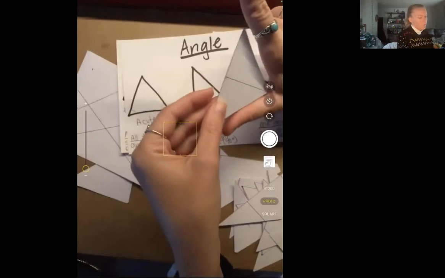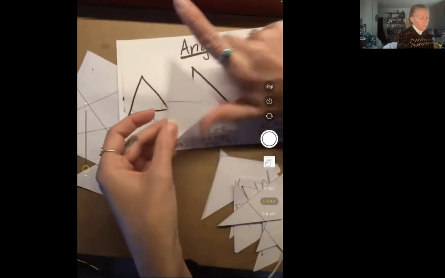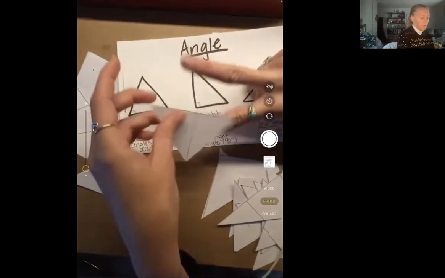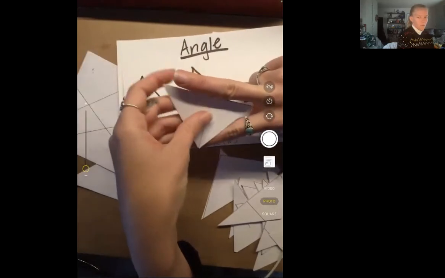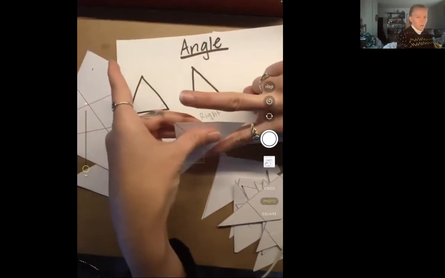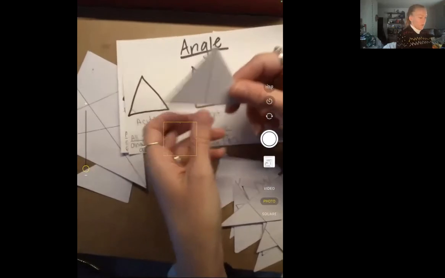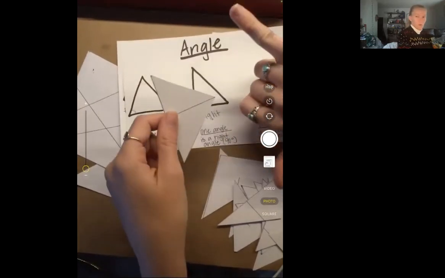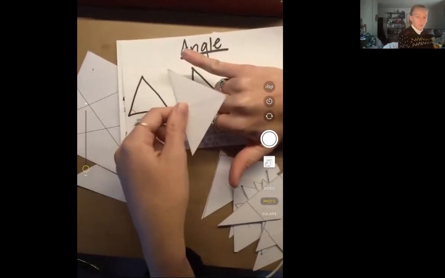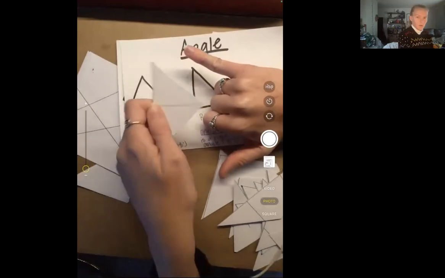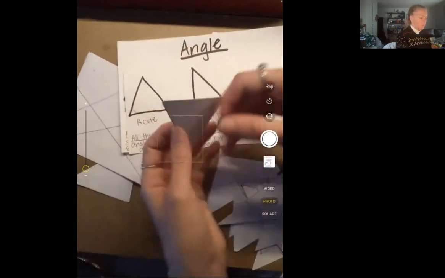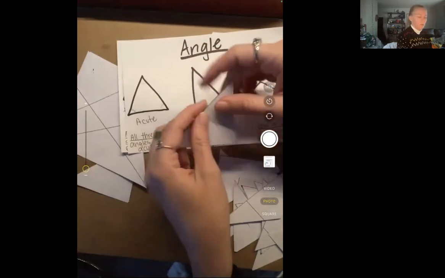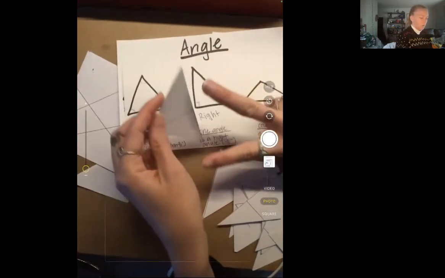It could be almost a right angle because it's bigger than my acute. What about this? These acute? Or is it obtuse? No, it's not obtuse. It's either a right angle and then we have some acute angles.